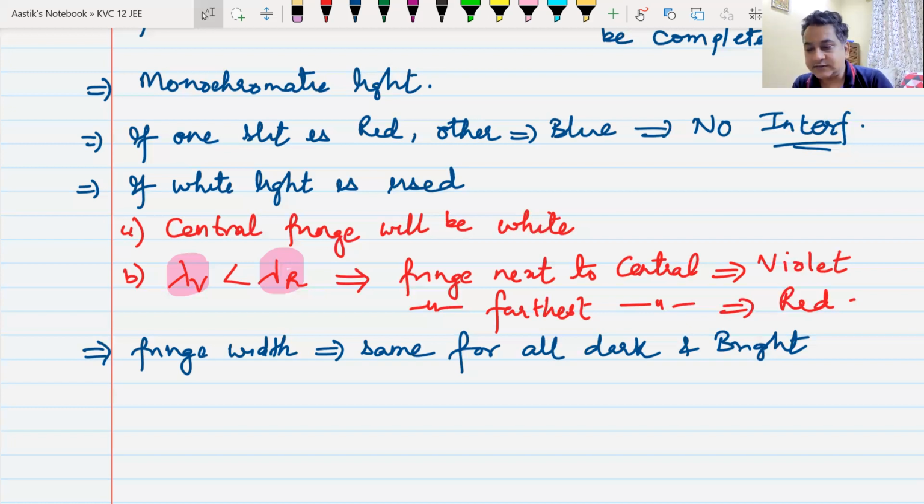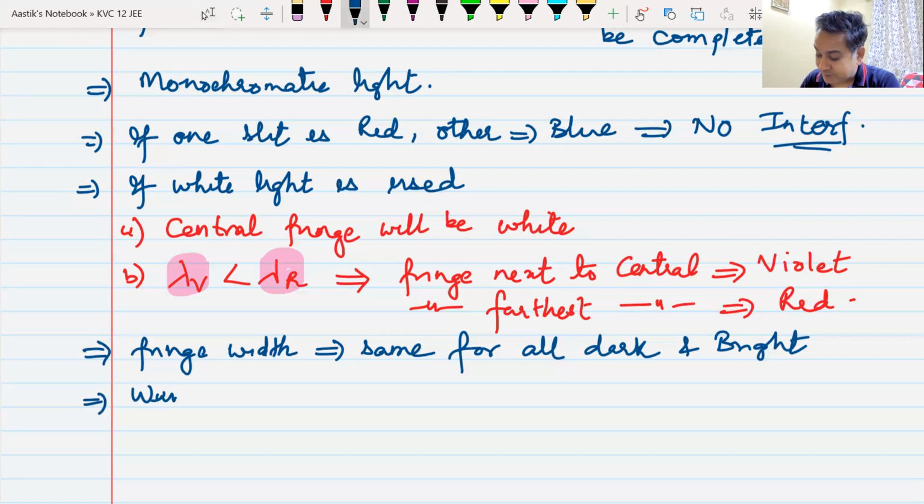Do we know this? Now you know it. That means a crest will be reflected as a trough, and a trough will be reflected as a crest.